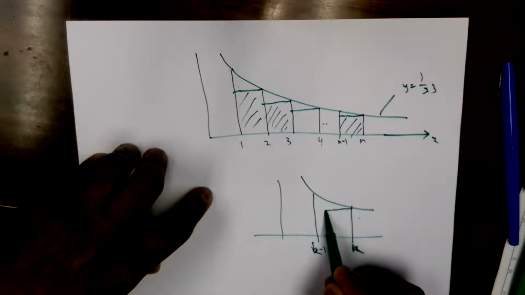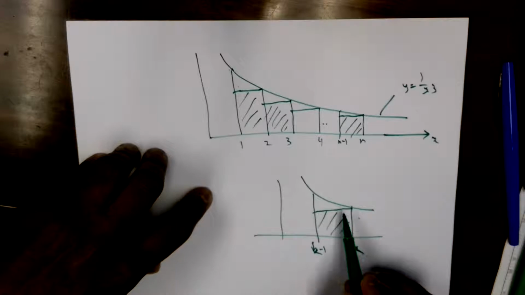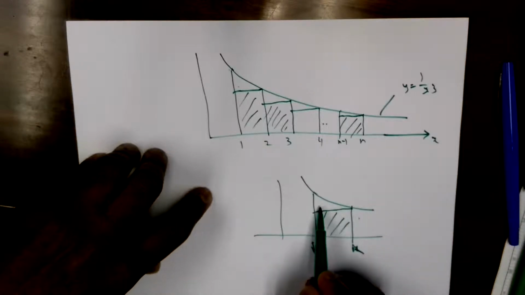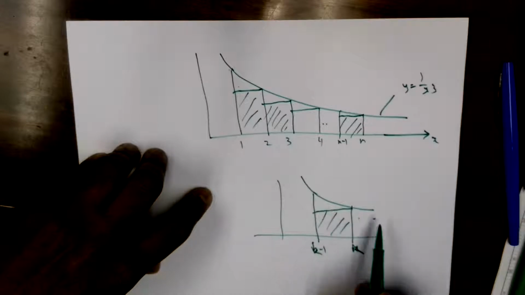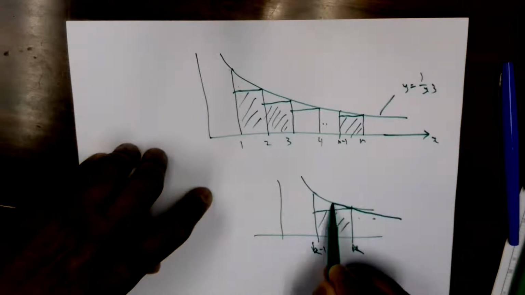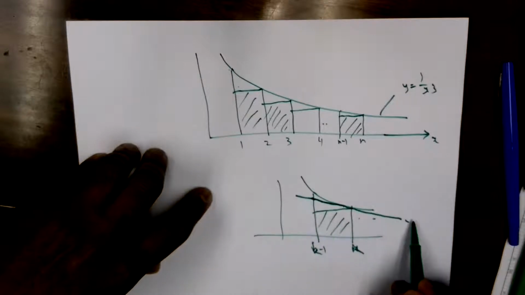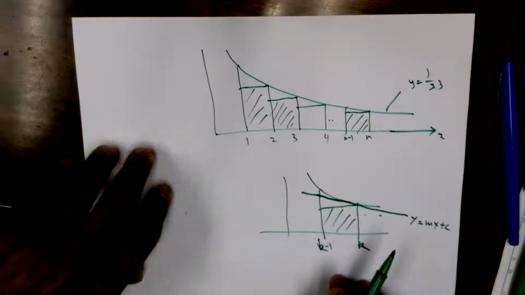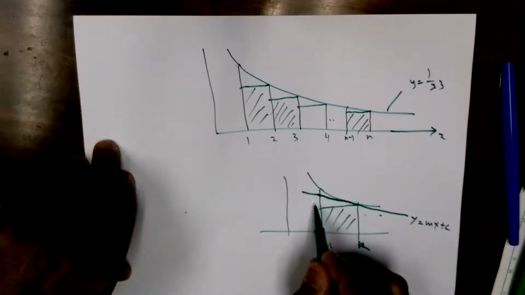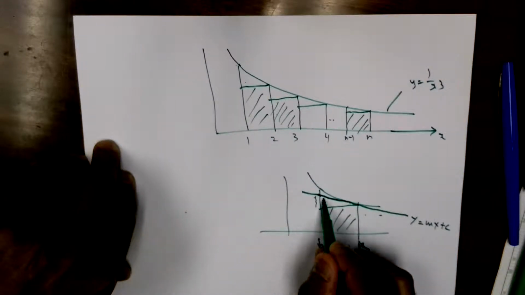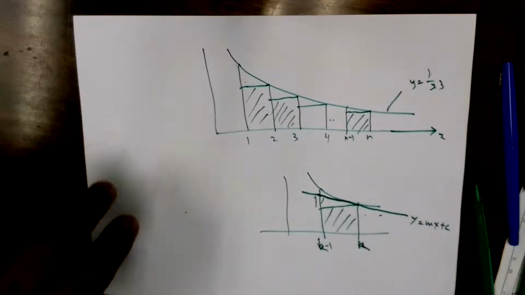This area is what we are interested in. We can compute the area under the graph easily. To accommodate this, I'm going to draw a tangent through this point. Remember, this is a straight line, which I'll call y equal to mx plus c. My goal is, if I can figure out this height, then I can compute this area.